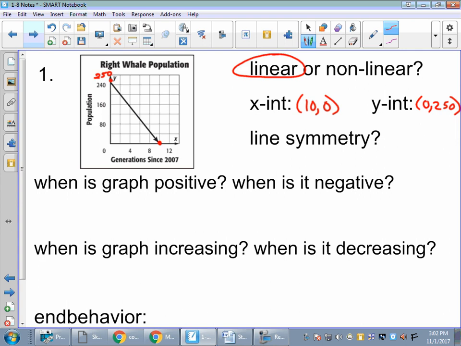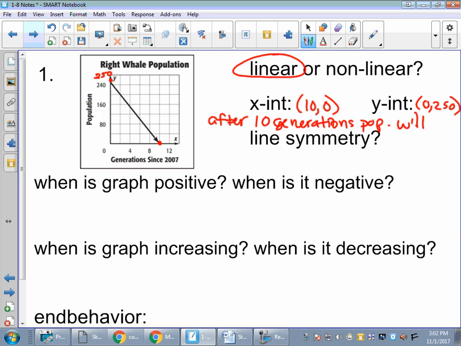Now if we talk about whales, the 10 is the generations. And so after 10 generations since 2007, they're talking about after 2017, or 10 generations. I don't know if they're talking about years or just generations of different grandparents, great-grandparents of whales. So after 10 generations, the population will be 0.